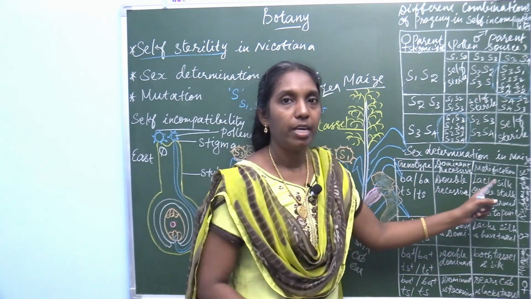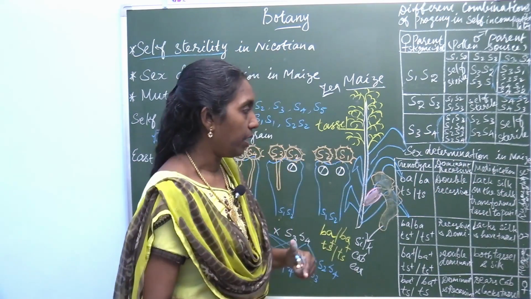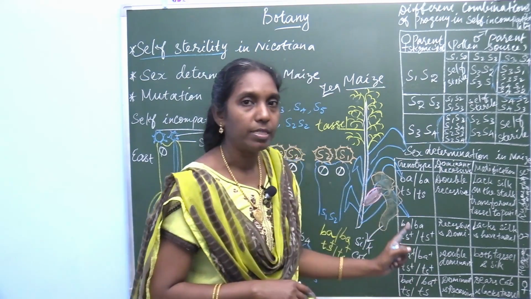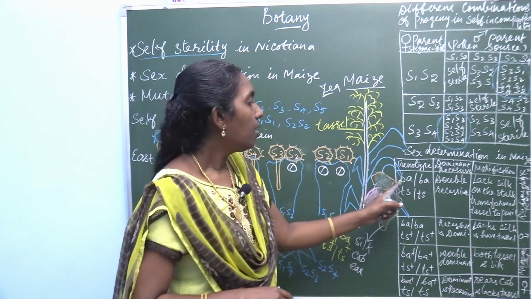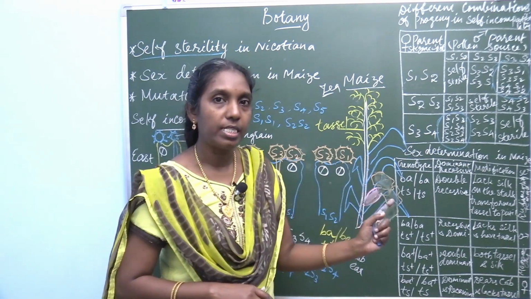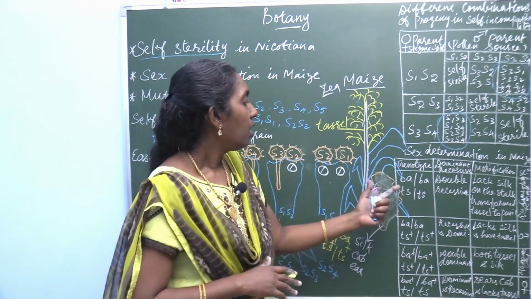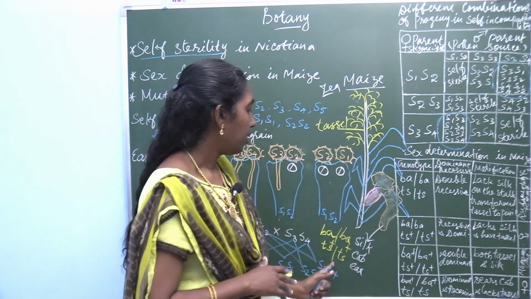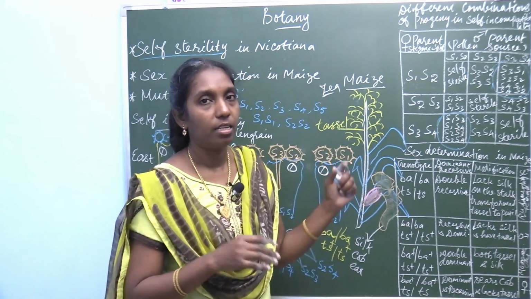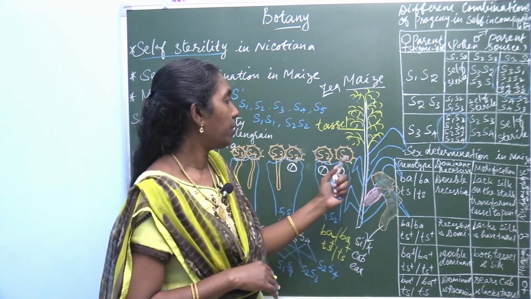Now look at this table column: sex determination in maize. How the sex is determined, male, female. These are the genotypes. There are different genotypes. BA represents barren and TS represents tassel seed. You remember the name tassel, because you learned it in the first chapter.